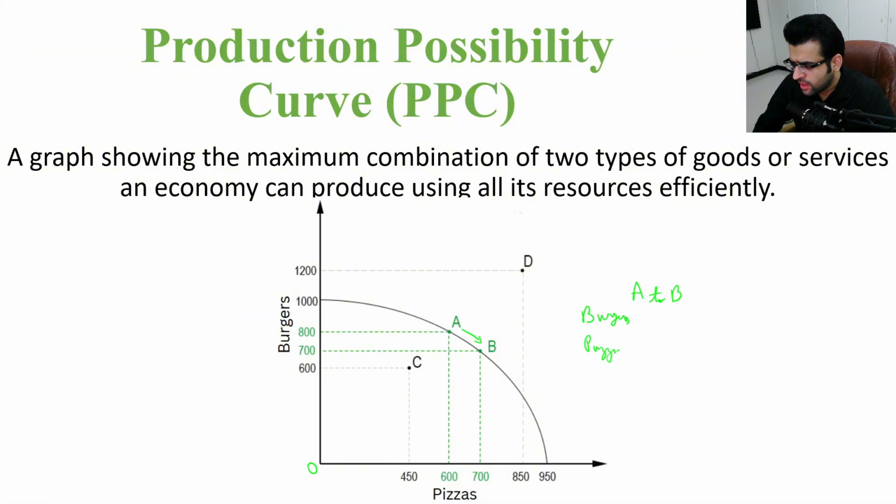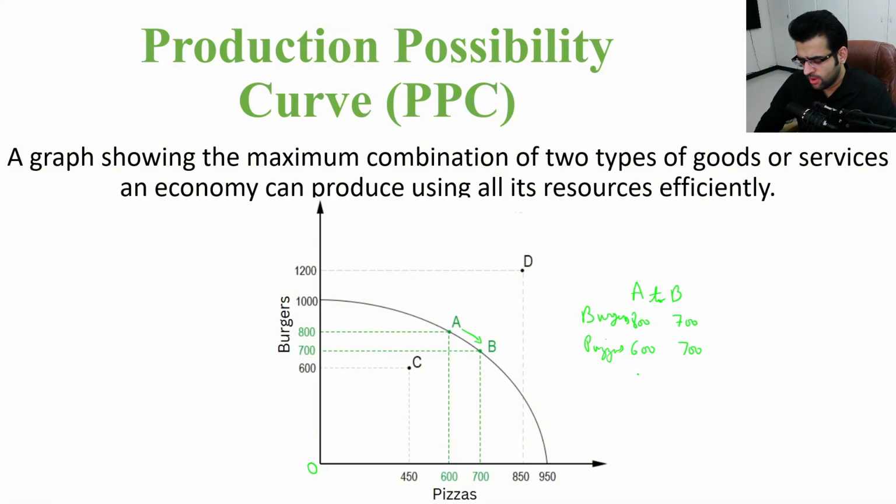Okay. On point A, we are producing 800 burgers and how many pizzas? 600 if you look at the x-axis. And if we move to point B, we are producing 700 burgers. And how many pizzas? 700 pizzas.